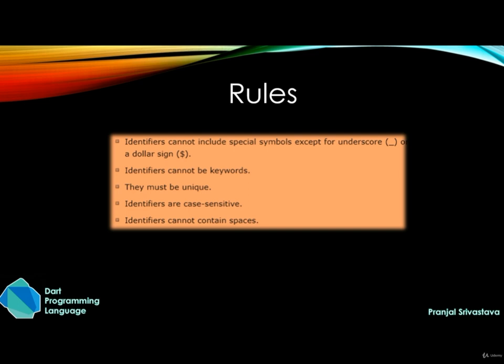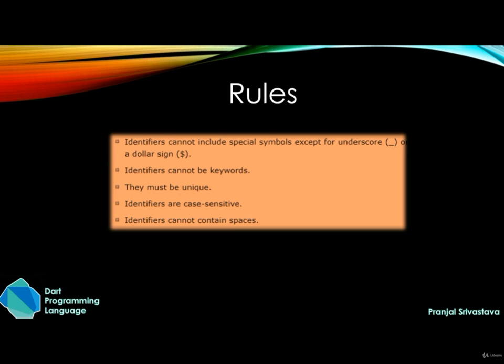These are some rules which you have to follow when you are using identifiers in Dart. Identifiers cannot include special symbols except for underscore or a dollar sign. Identifiers cannot be keywords. I'm going to show you the list of all the keywords in the Dart programming language in this video only. Identifiers must be unique, are case sensitive, and cannot contain spaces.